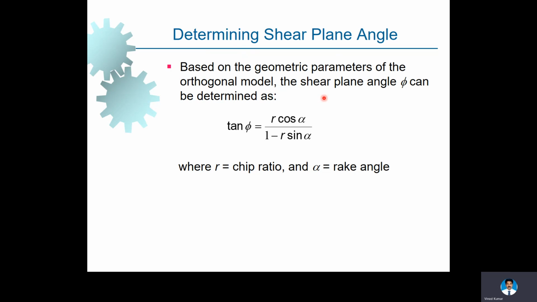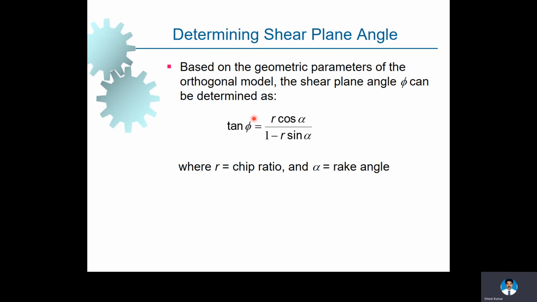Now, what is shear plane angle? I explained that the cutting takes place across a particular plane called the shear plane, and that shear plane angle is expressed as phi. So tan phi, the shear plane angle across which the material gets sheared, is equal to r cosine alpha divided by 1 minus r sine alpha.